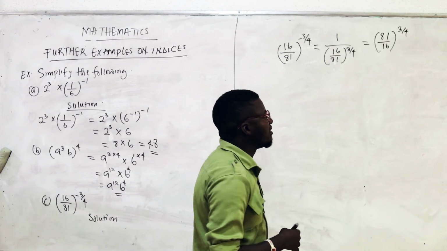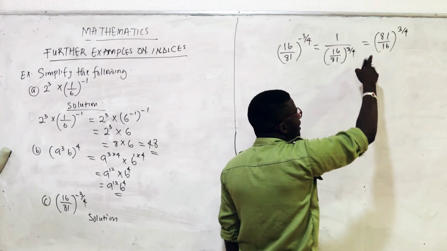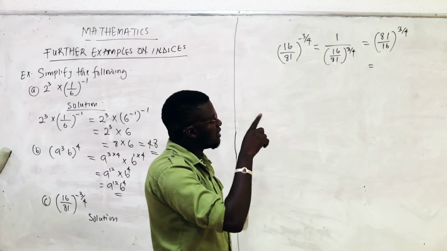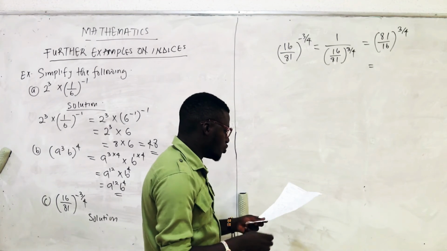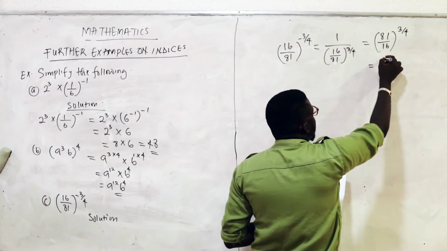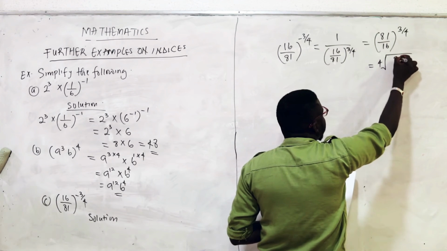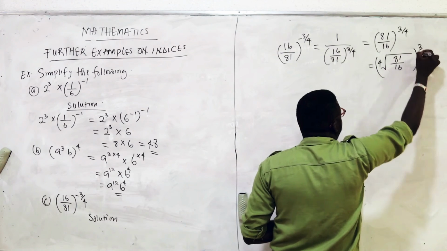From here I can finalize it by saying, according to the law of indices, if I have 81 over 16 raised to 3 over 4, all I need to do is take the 4th root of 81 over 16, then all in bracket raised to the power of 3.